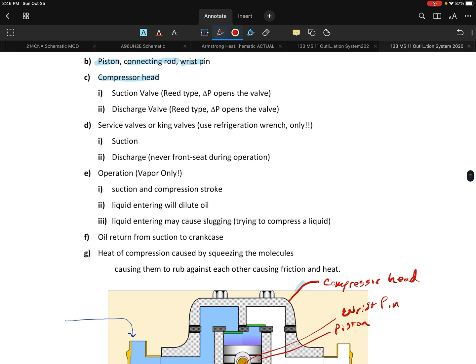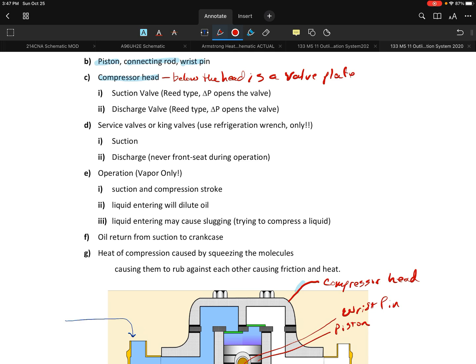Now, in the compressor head, typically, and I'm going to make a note on that one too, right below the head is a valve plate.